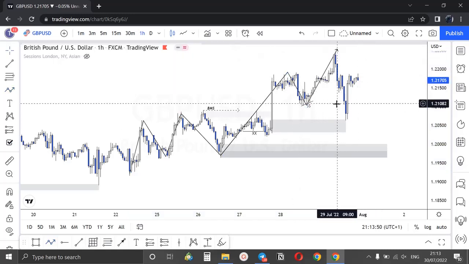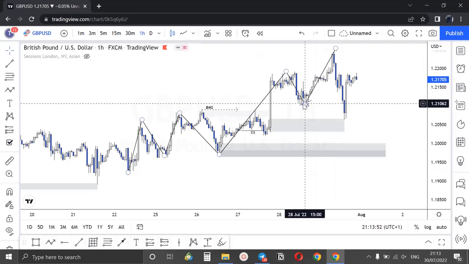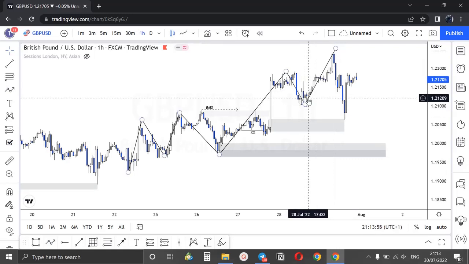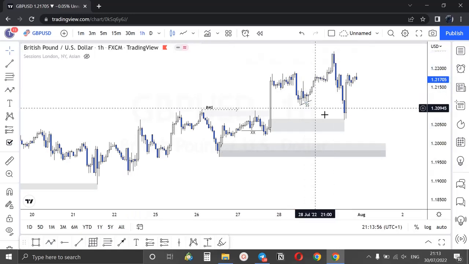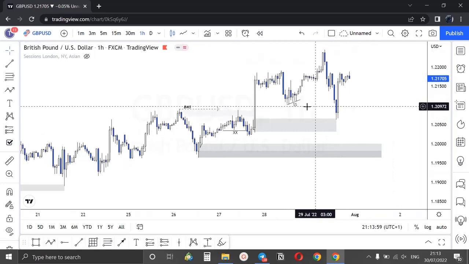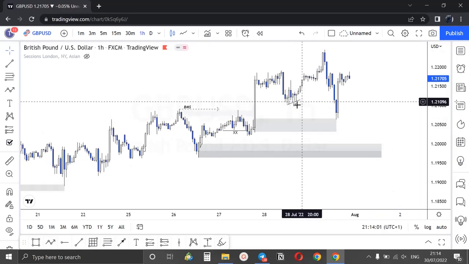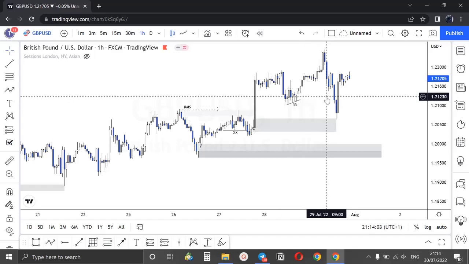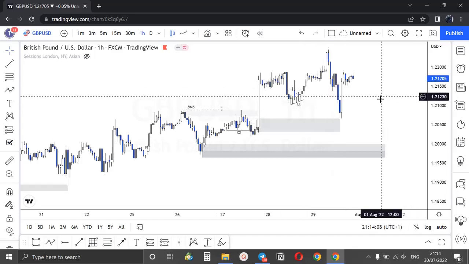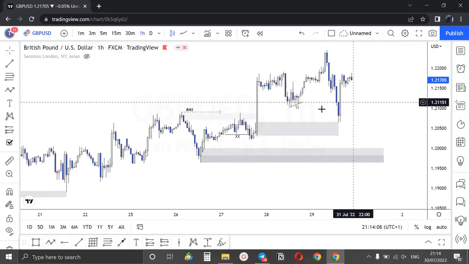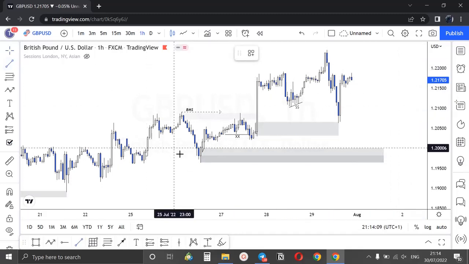But when I saw this, I was like, definitely they're going to take out this low, because there is a form of liquidity below. Look at it right here. This should be kind of inducement. So on the 1 hour time frame right here, as we can see, this is my trading range.